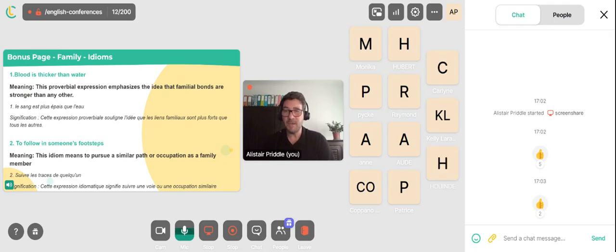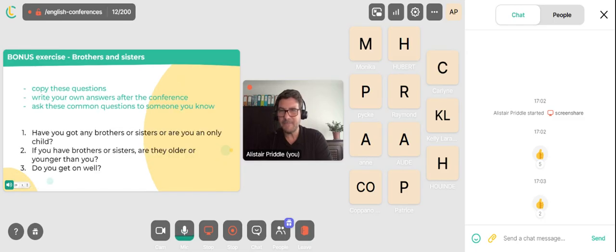So this idiom means to pursue a similar path or occupation as a family member. Okay, so to follow in someone's footsteps. Okay, nice bit of bonus information. Let's see at the next.